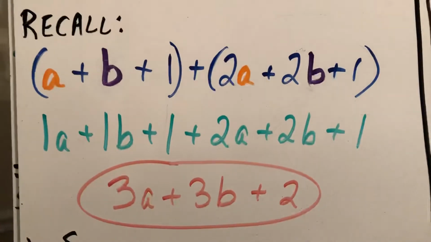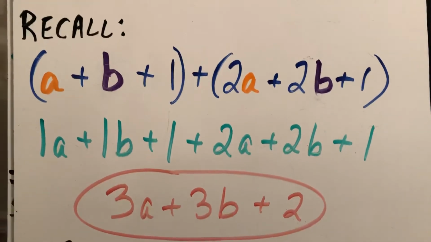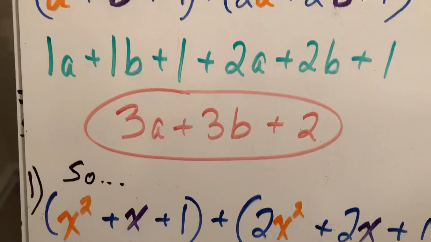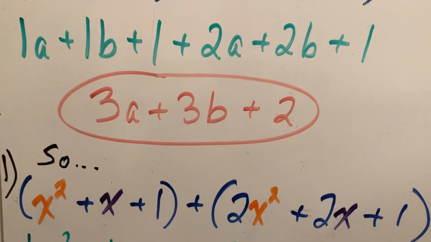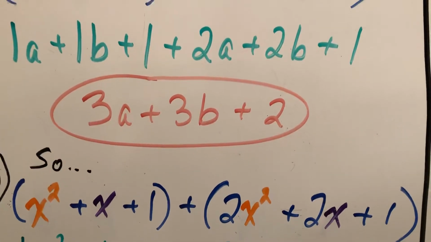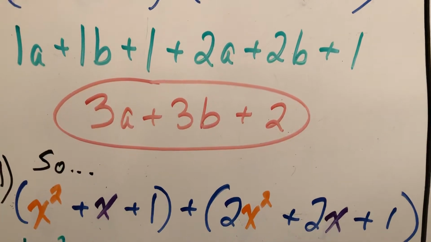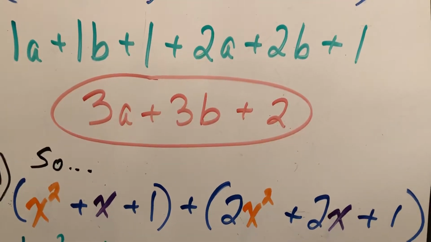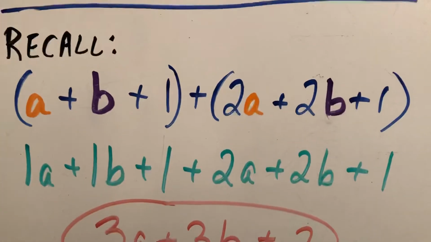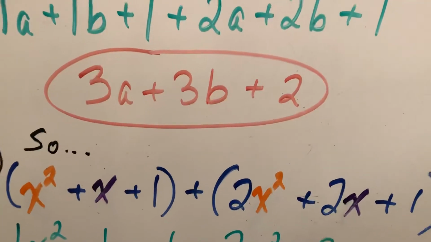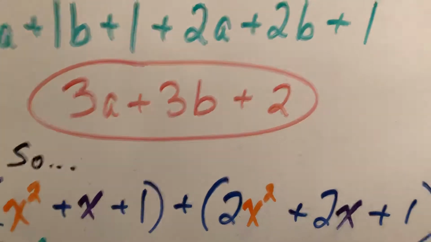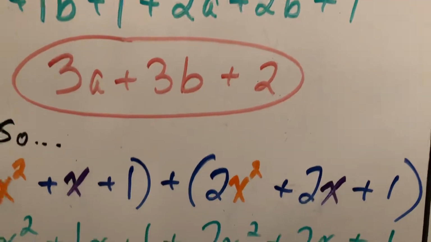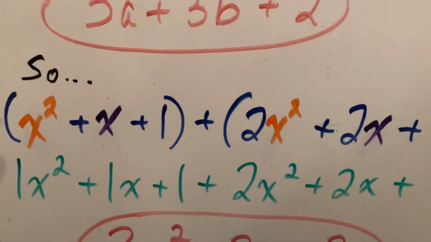So now what we're going to do is this. We're going to say, okay, instead of a and b, we're going to use x squared and x. See? So, meaning it's the same problem, but x squared and x are as different as a and b. You can't combine x squared and x. So I'm just going to take away the parentheses like I did before.